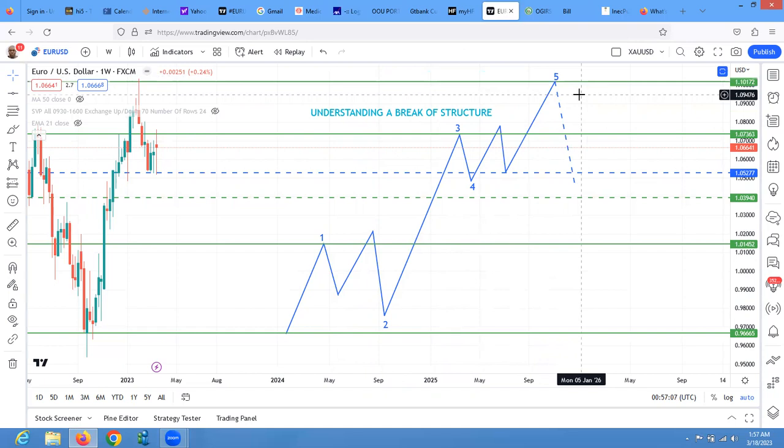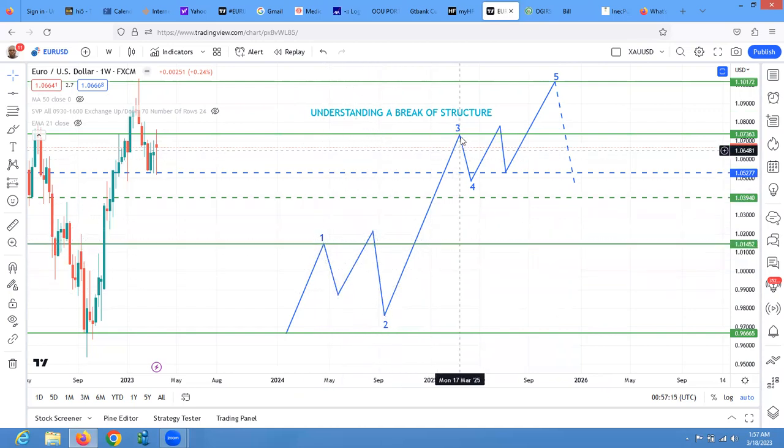Now, this is wave 1, which is structure 1. And this is wave 2, which is structure 2. And this is wave 3, which is structure 3. And this is wave 4, which is structure 4. And the last structure, wave 5.